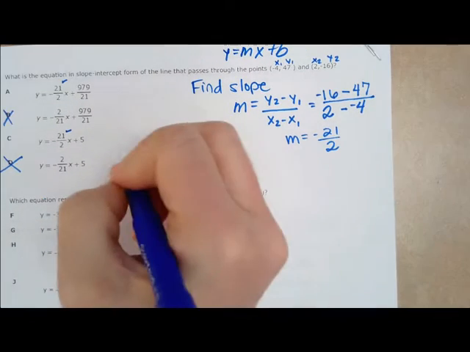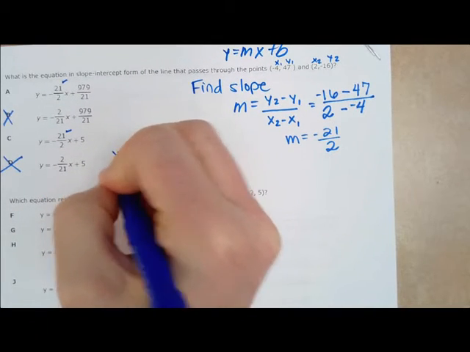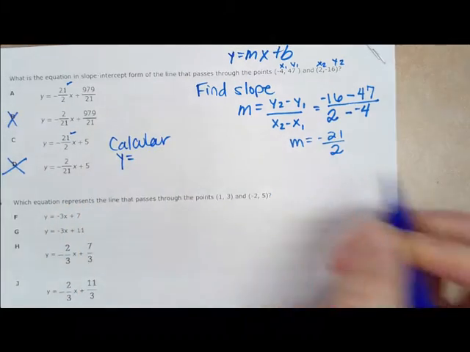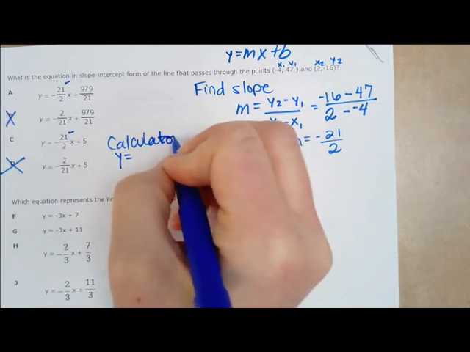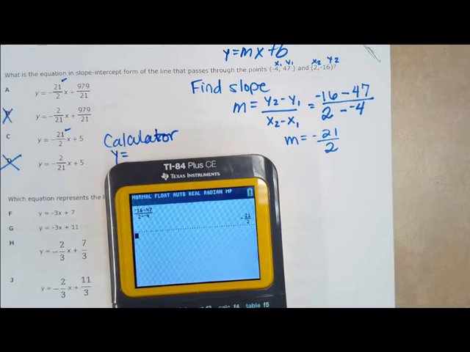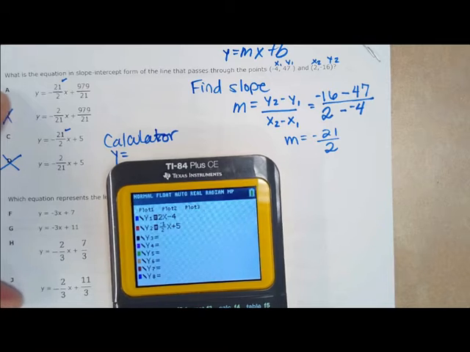So what we're going to do here is we are going to put these into y equals in the calculator. There we go. So I'm going to put a in.